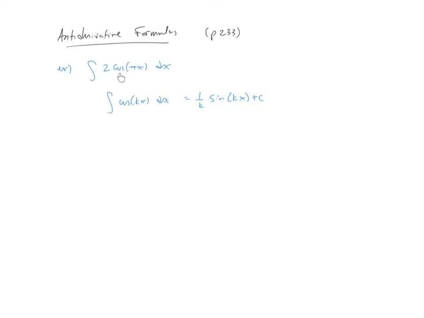But when I integrate this, I'm going to get a 1 over pi sine pi x. So we've got our 2, we've got our 1 over pi sine pi x, and then followed by a plus c. So again, our k value here is going to be pi from that problem up there.